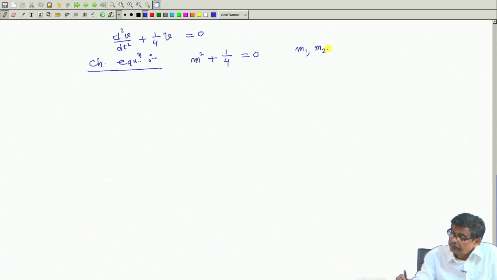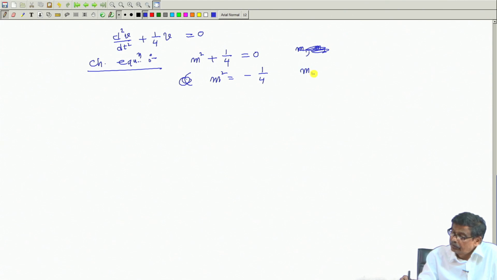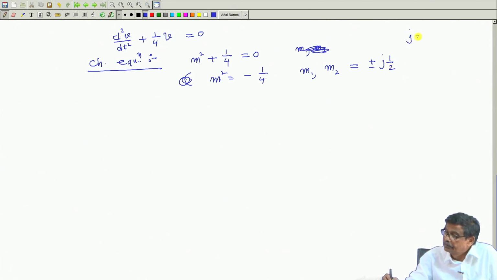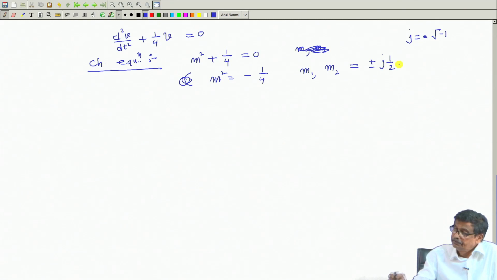M square is equal to minus 1 by 4. Therefore, if you take the square root of both sides, m1, m2 will be equal to plus minus j by 2, where j is root over minus 1, the complex imaginary number.